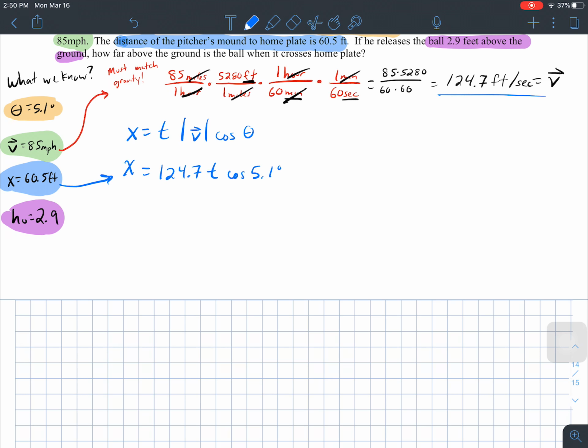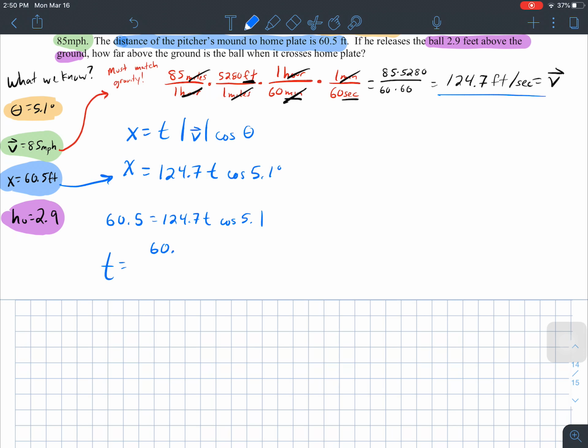Remember, we know what x is now. I know that x is 60.5. So 60.5 equals 124.7 t cosine of 5.1.